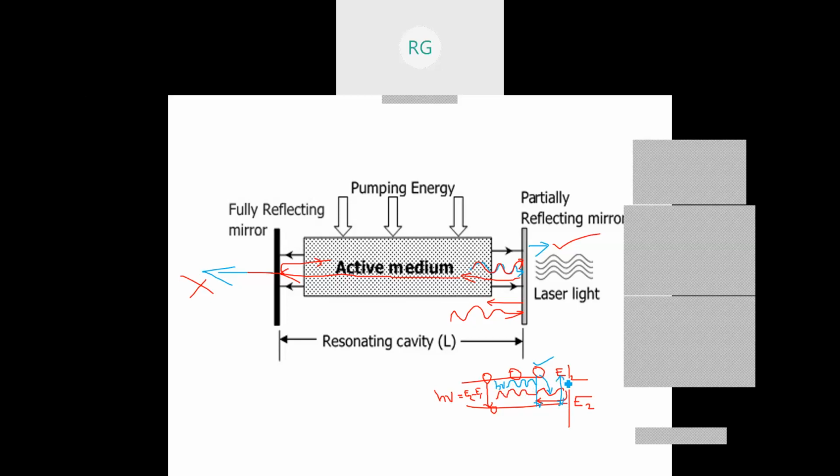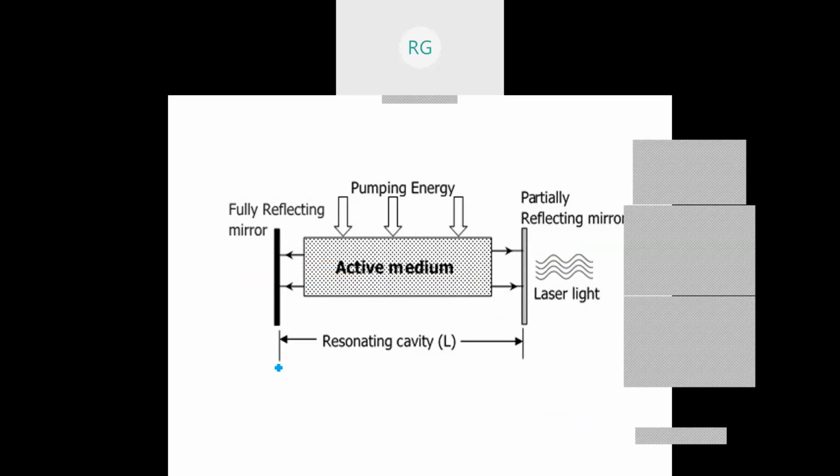Therefore, one atom which is moving in this direction is capable of initiating another atom to come down. So one photon going in this direction is now coming back.